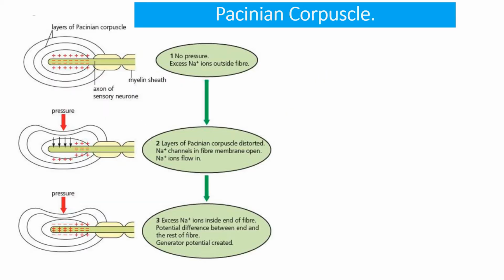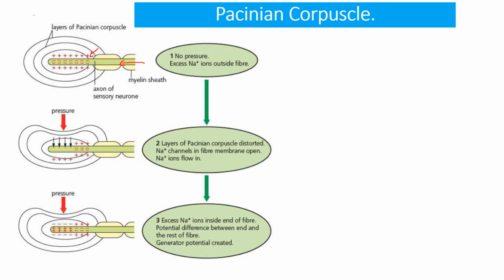So effectively, if you look at it from here, this shows you again stuff that you'll learn a bit more detail coming up. The resting potential: the sensory neuron here has got a positive charge on the outside, negative charge on the inside, so we call it the negative resting potential. And there are no sodium channels being opened at this point, so the sodium, these positive charges, are all on the outside.